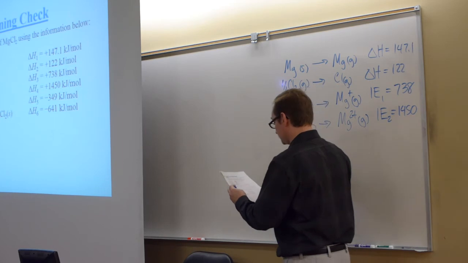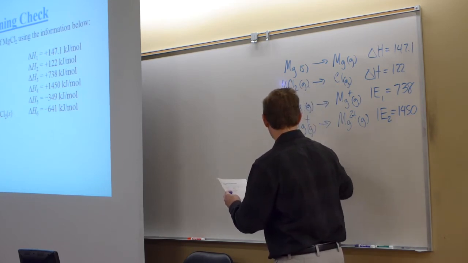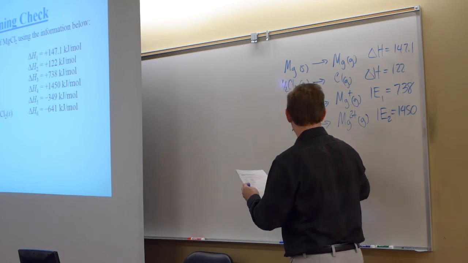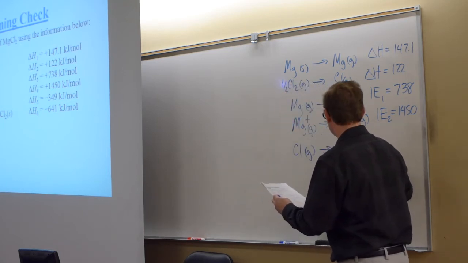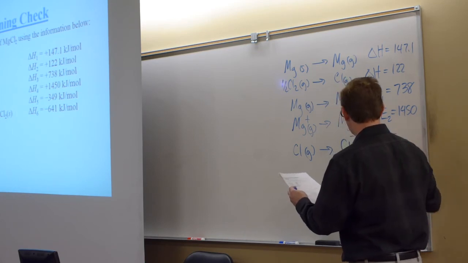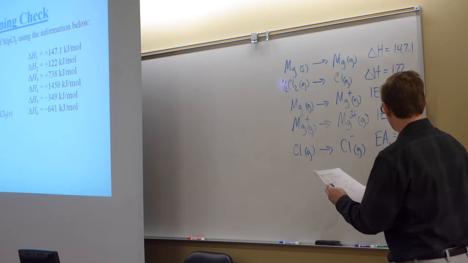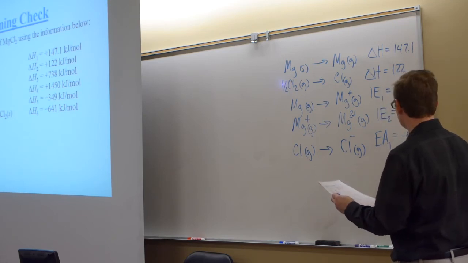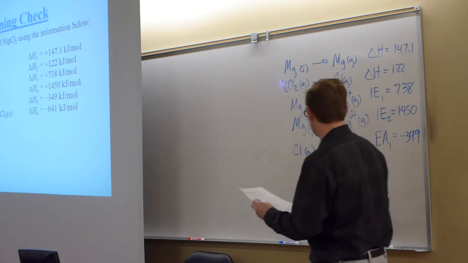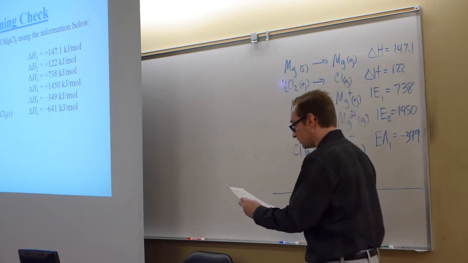Let's see, and the chlorine vapor gained an electron. So that's electron affinity of negative 349. All right, and then the heat of formation is always written at the bottom.